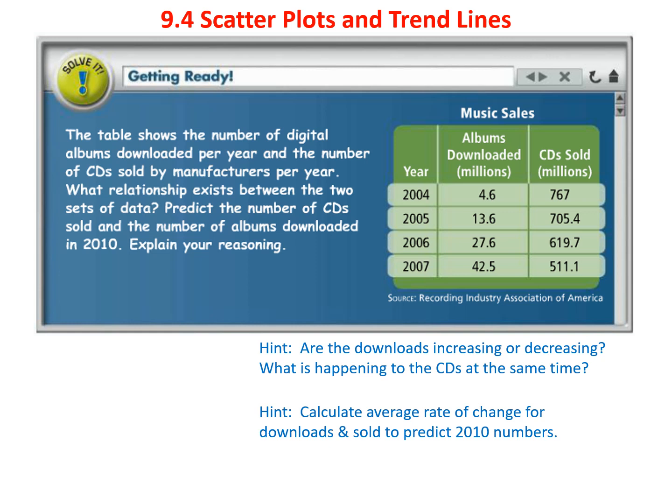In other words, you have two sets of data. First of all, you have the data showing the albums actually being sold each year. You can see 4.6, 13.6, 27, and you can see the number going up. These are the albums that are being downloaded.